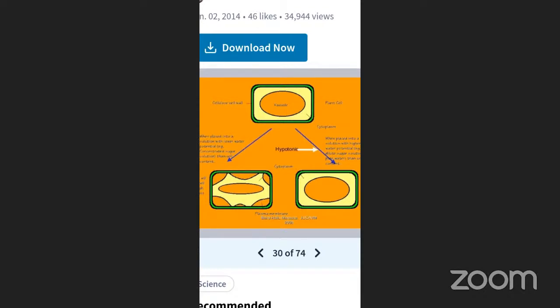The plasmolysis occurs when the water moves out of the cell, from the cell through the cell membrane. This occurs when the cell or tissue is placed in a solution that is hypertonic to the protoplasm. So water moves from the cytoplasm outside, and vacuole-like structures form.